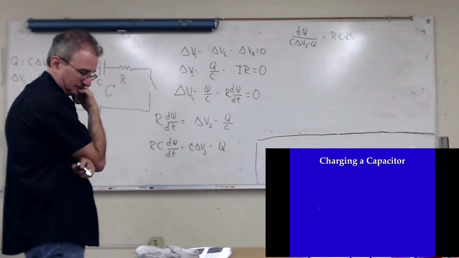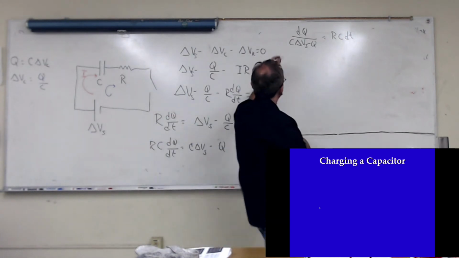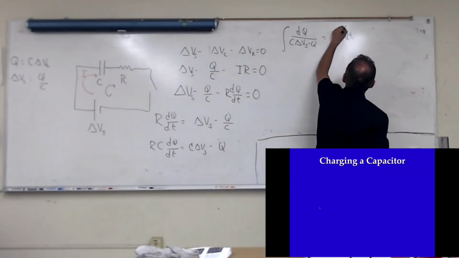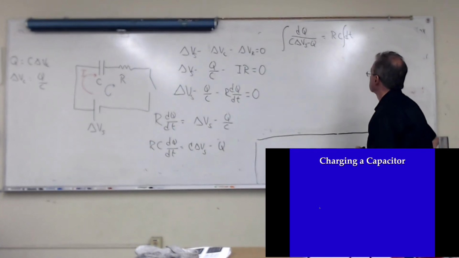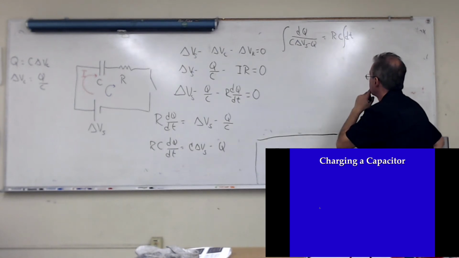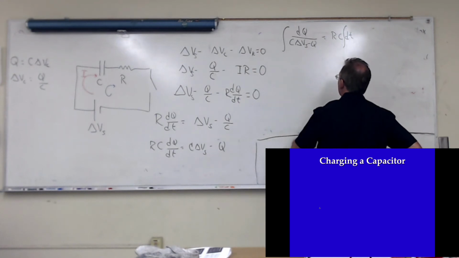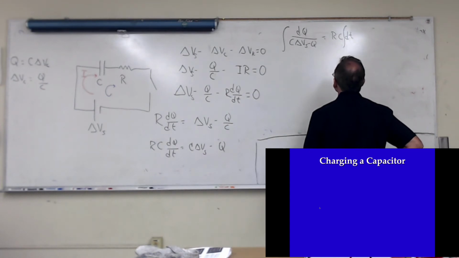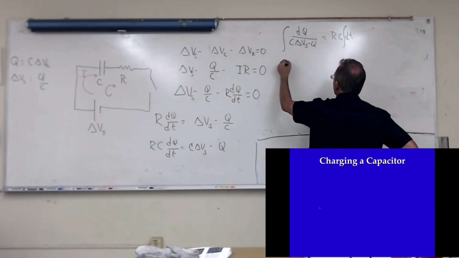Could you set it up as two different integrals? I have an integral dq over. I was trying to do the thing you can do with numerators. When I integrate this, aren't I going to get the natural log? Anyway, when I integrate this, I'm going to get the following.